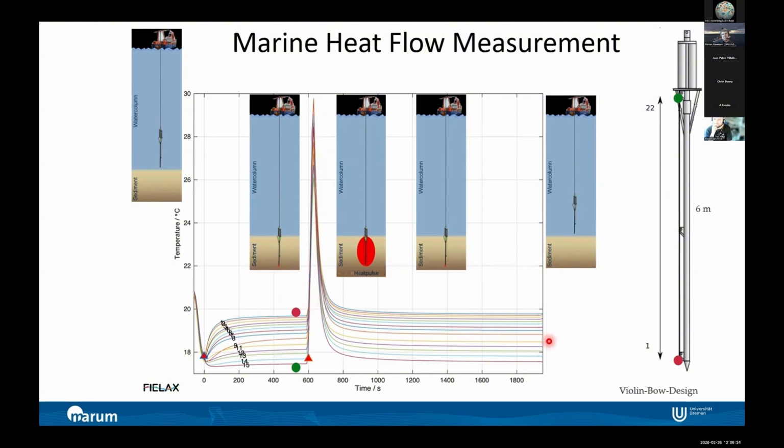This usually takes 10 to 15 minutes, or longer depending on the sediment properties. And then the probe is retrieved from the sediment. If there are no in situ thermal conductivity measurements, then you only have the first part here, where from the frictional heating the thermal gradient or the in situ temperatures are estimated.